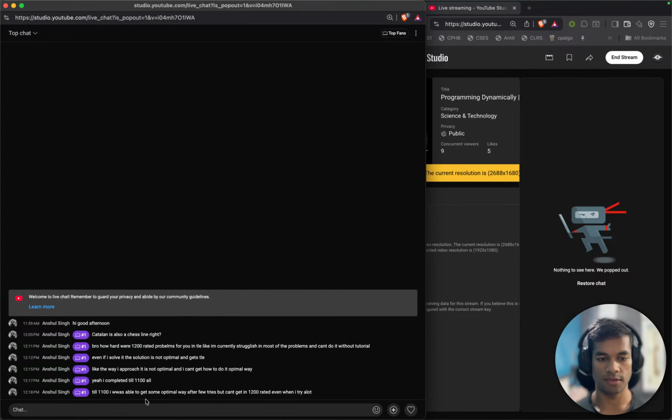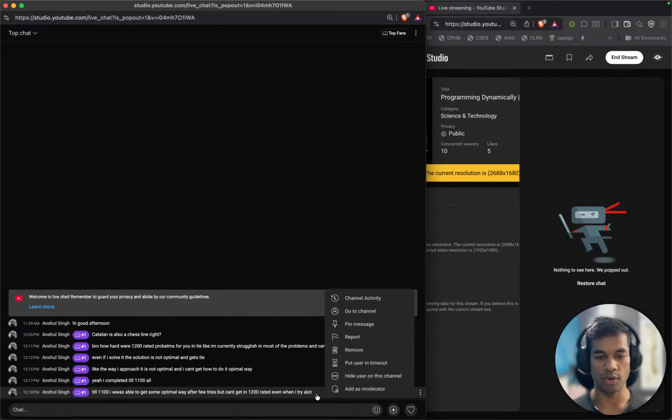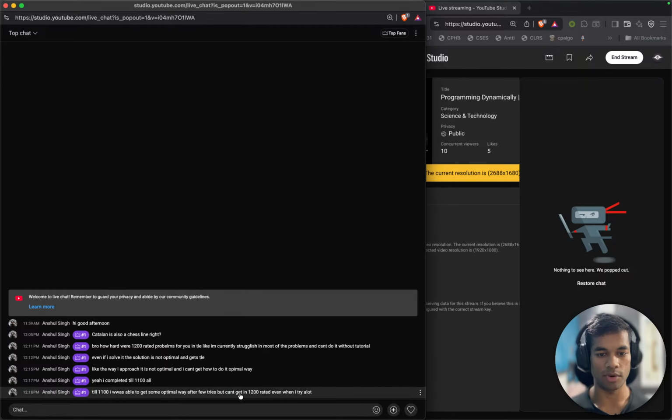Yeah, so just keep at it, because this is what Tolstoy said. He said, every happy family is happy in a singular way, but every sad family is sad in their own way. So whatever bad thing is going on, because of which you are unable to solve 1200 rated problems, it is going to be very specific to you, to whatever mistake you are making, and I won't be able to guess it.